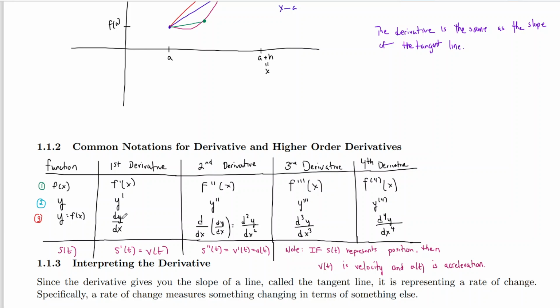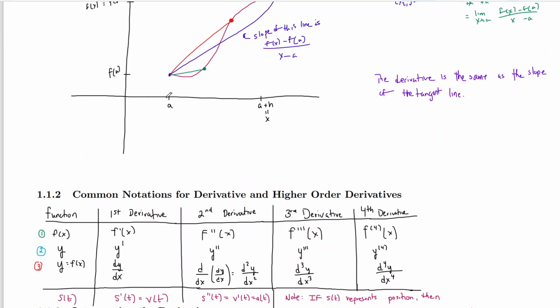This one says y equals f of x, pretty much the same function as before, but we write dy over dx. The d just means really the change. So this is like the change in y over the change in x, which is the slope. But when we use d, we mean very small changes. Basically, we're looking at the slope at the same point.